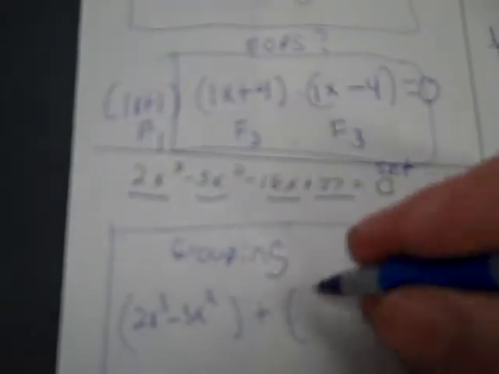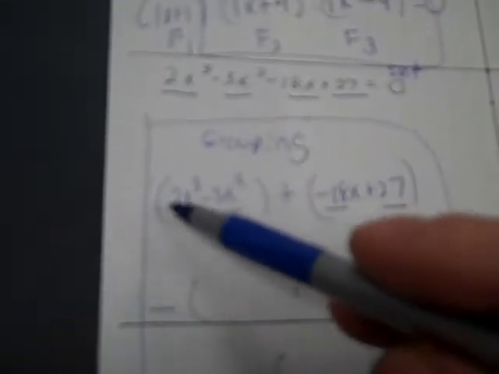So I have 2x to the power of 3 minus a 3x to the power of 2. And then I have negative 18x plus 27. Okay, now, do I need a negative here? No, I don't. The first number's positive, but I need one here. So negative and negative, they both have to be.